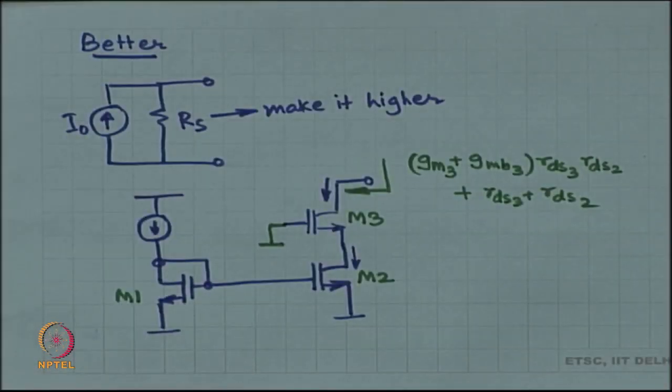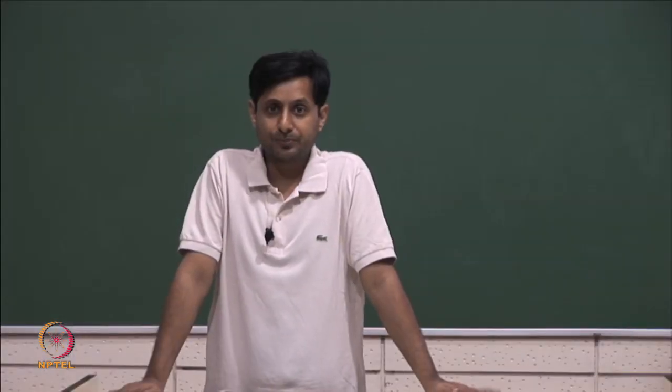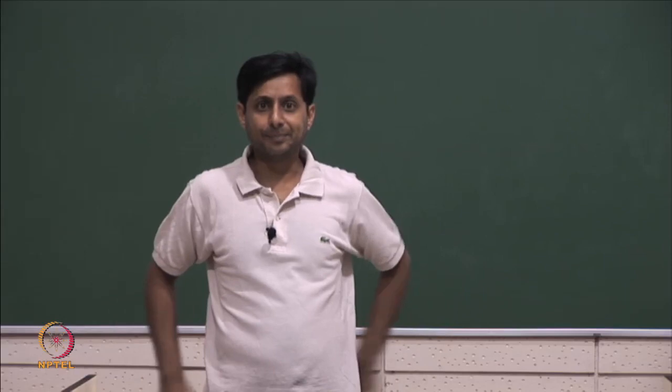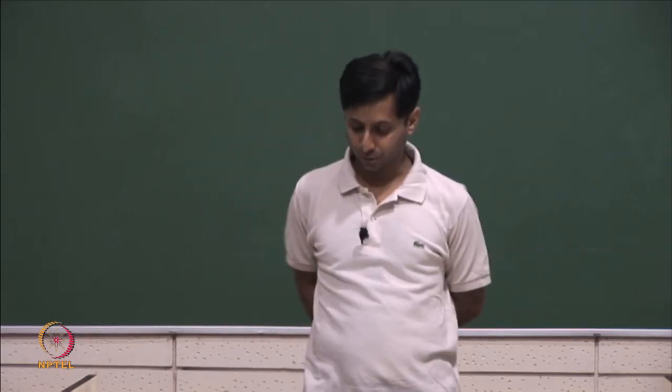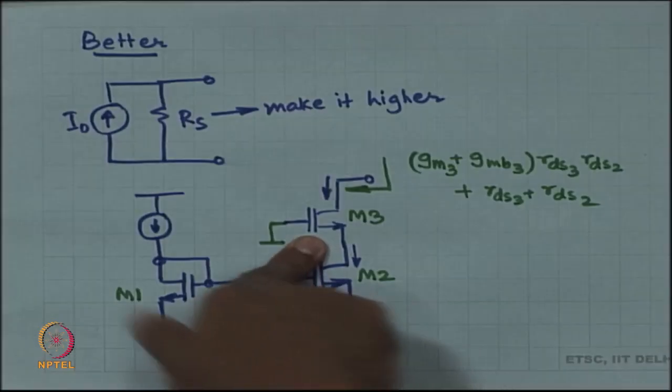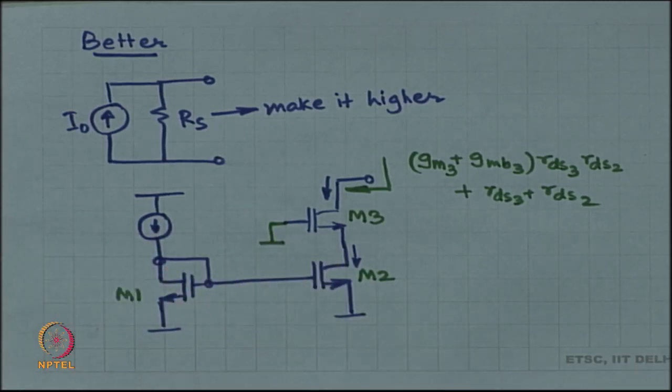Okay, we will look at that later on, but for now, do you understand that the impedance became a lot higher just by adding M3 in cascode? Okay. We already studied the cascode. Just by adding this common gate stage on top, I have got a much higher impedance. Great.